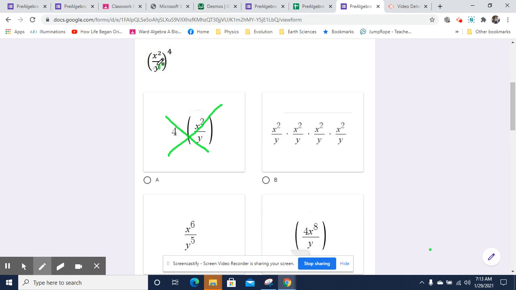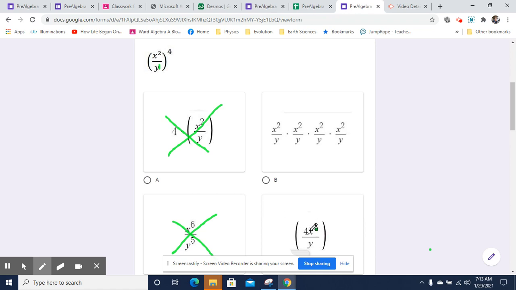And that's not really consistent with the number of factors. So we can rule that out as well. We're saying we've got 4 factors of x squared and 4 divisors of y to the 1st. So that's not going to work there.